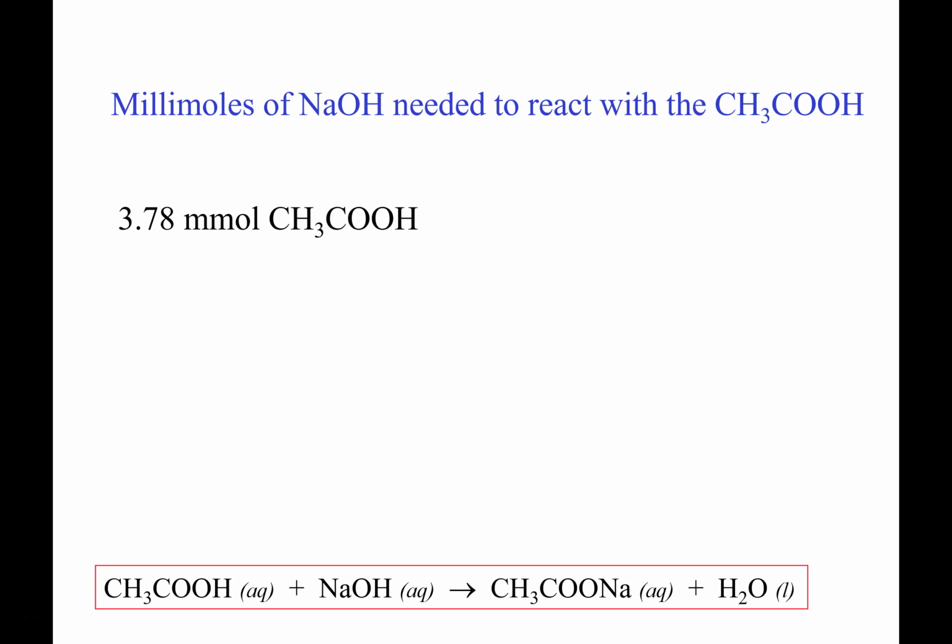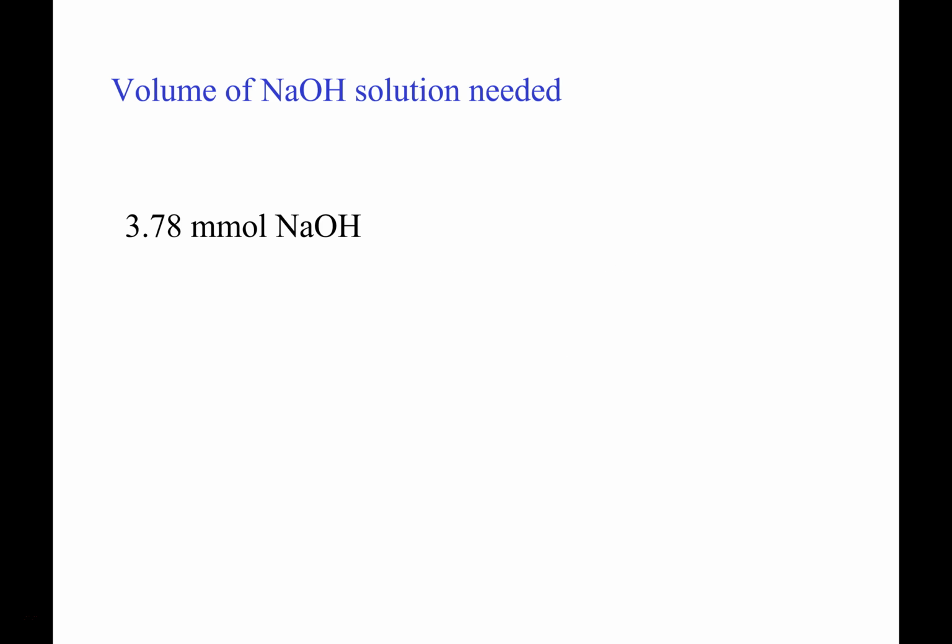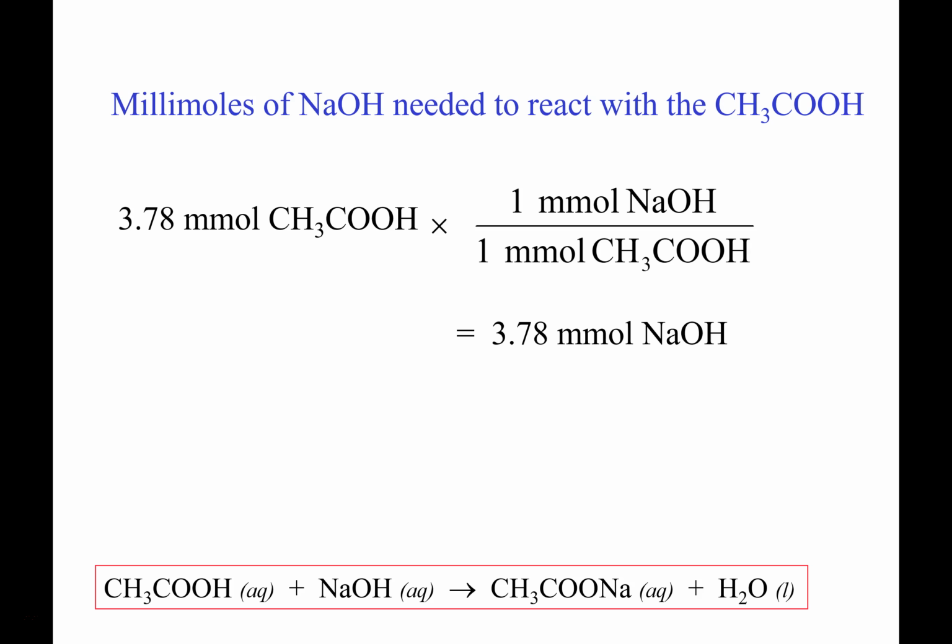Okay. So millimoles of NaOH, we'd piggyback from our 3.78 millimoles of CH3COOH over 1. From the coefficients in the balanced equation, I would put 1 mole of NaOH over 1 mole of CH3COOH. And yes, that gives you 3.78 millimoles of NaOH that you need to get to the equivalence point.